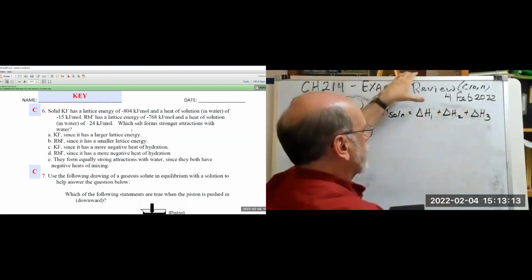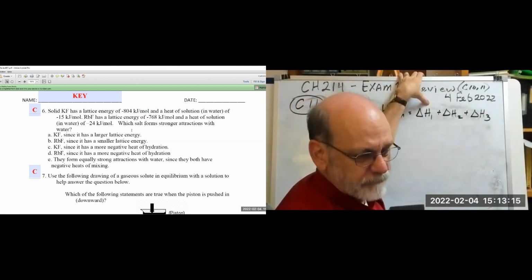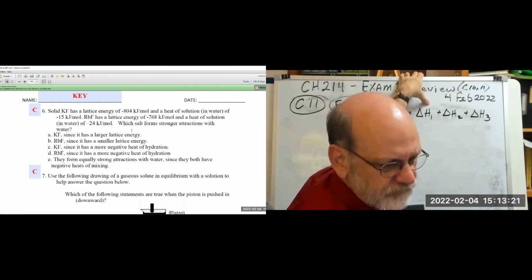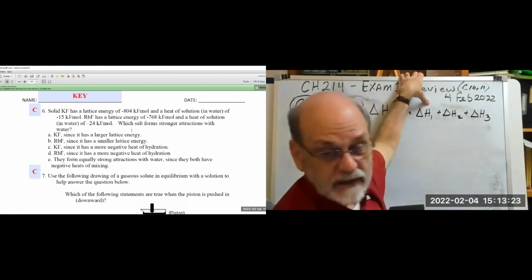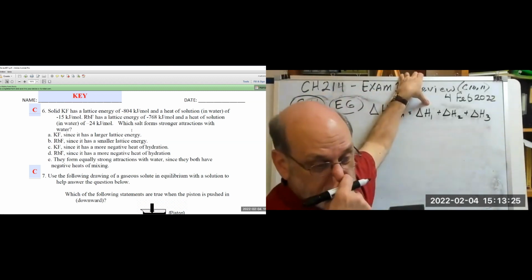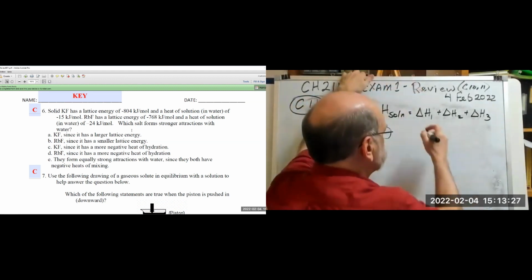This is the one where you break apart the solid into its individual parts, and this is the lattice energy.